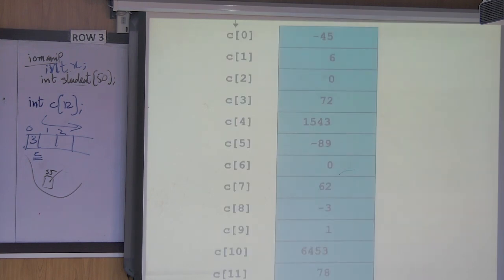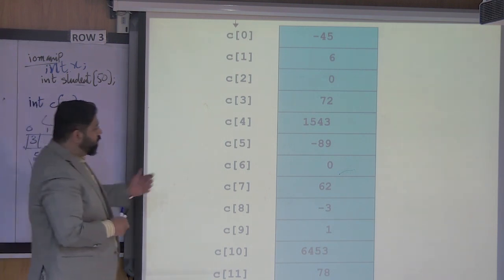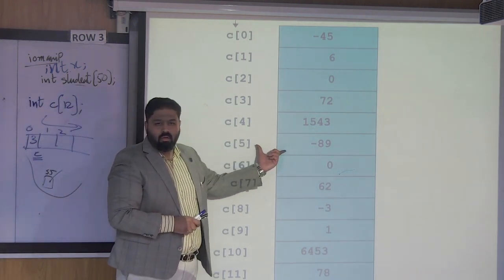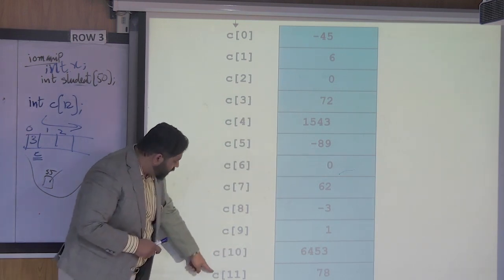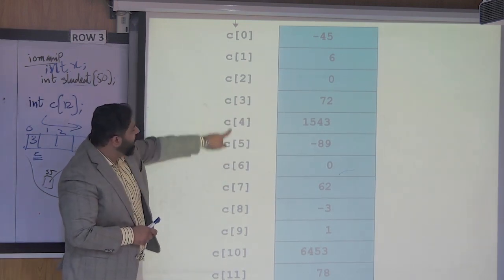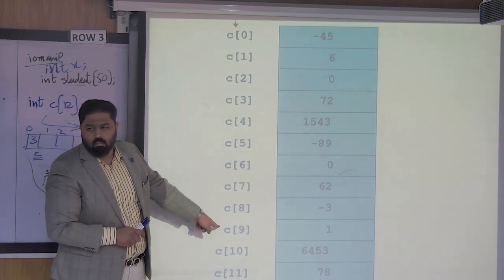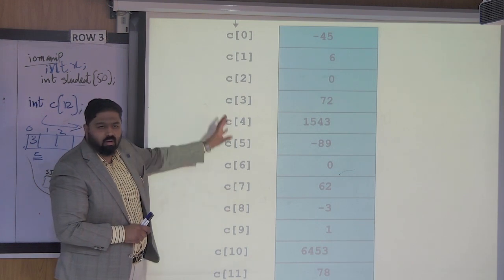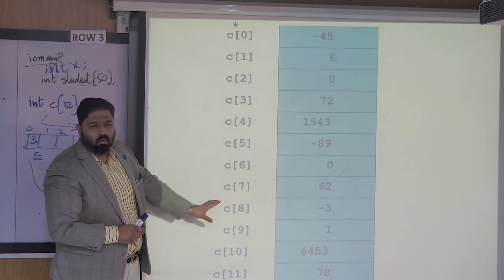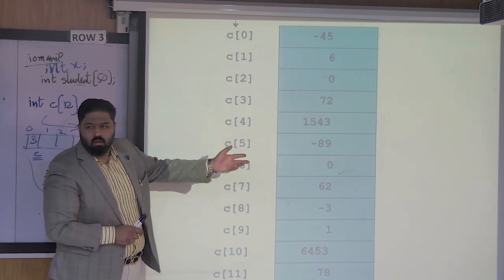So how many elements are there? What is the size of C? 12. What is the name of this array? C. What is this location? 0, 1st, 2nd, 4th. Every location has the same name because they all belong to the same colony of integers with the name C, but having different memory locations. Houses have different numbers.